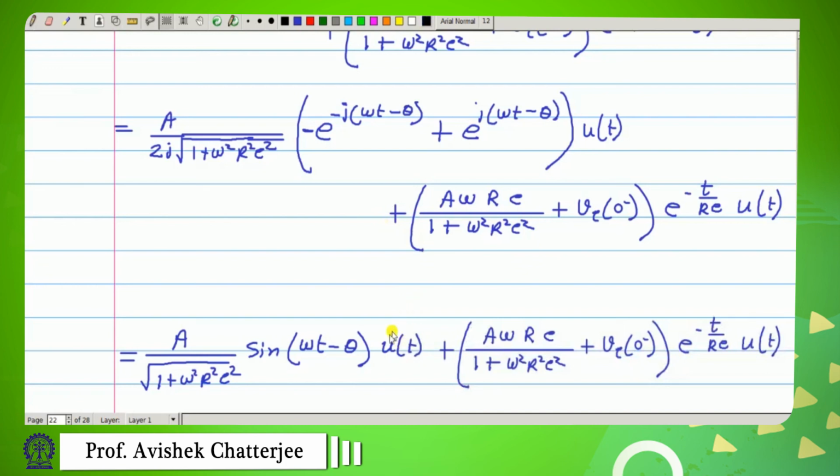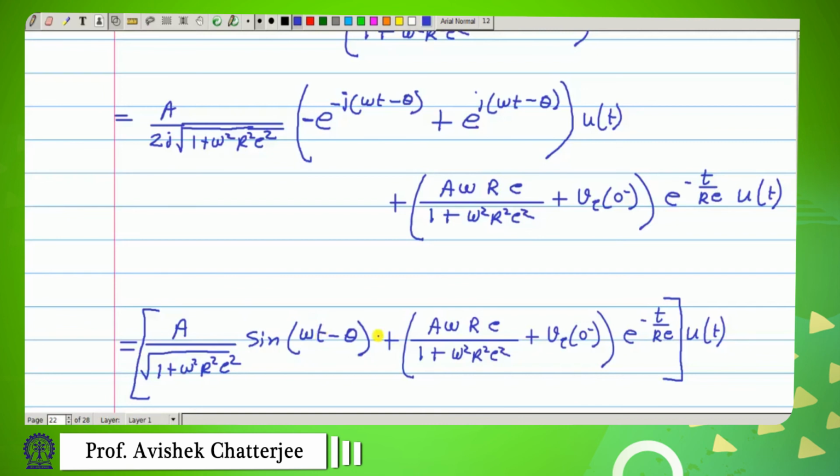Now if you want, you can take this ut and this ut common like this, and that is the answer. Now this is our vC(t) u(t), the capacitor voltage starting from time 0.